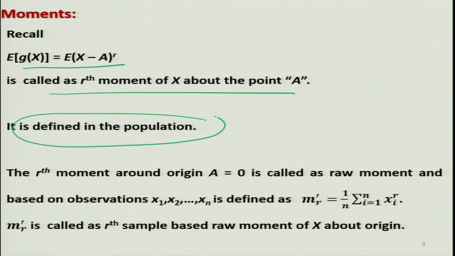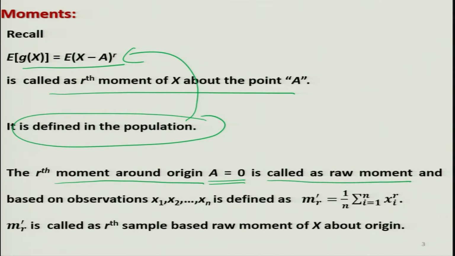This is what you have to keep in mind. You can see here, this is the expected value. And in case you take this capital A to be 0, then we say that the rth moment around the origin A equal to 0 is called the raw moment.